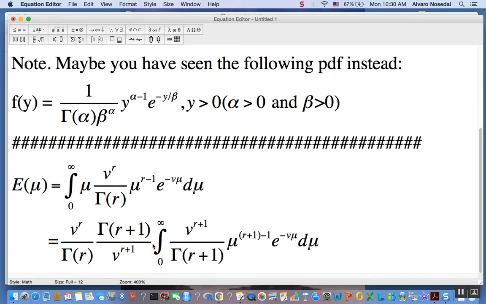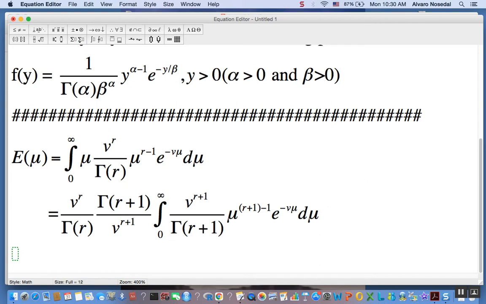That's something legal from a mathematical point of view, but then we know that the purpose is completing that gamma inside the integral, and since we are integrating over the entire support, the region where the PDF is different from 0, then this is going to be a beautiful one. Okay, so now what we have is this.